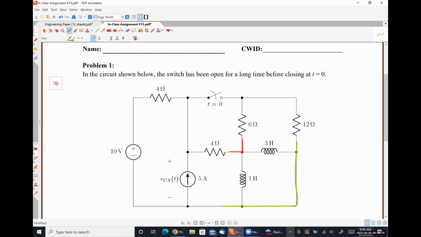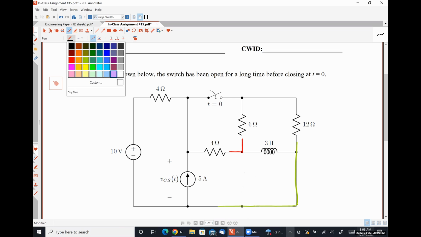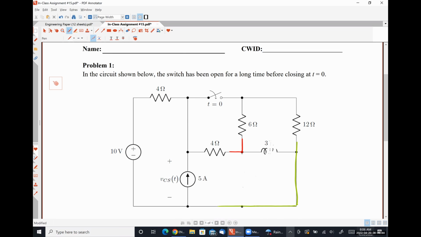So what I'm going to do here is erase these inductors, like so, and then put in between the red and the green node, and I don't know why the 3 Henry somehow managed to survive me scribbling it out.